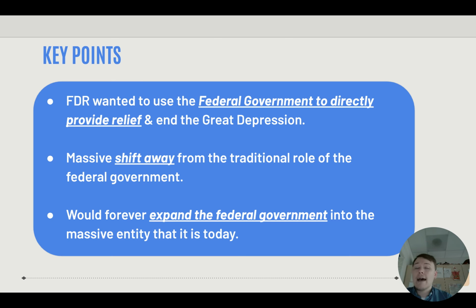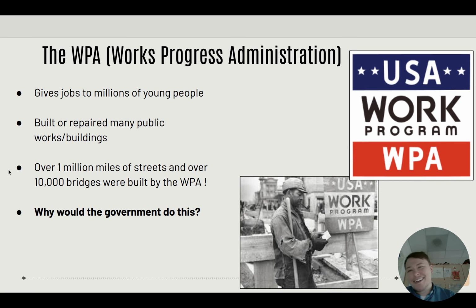The reason we have such a huge apparatus of federal government today can be traced directly to the Great Depression. So forever, the federal government will be expanded. Remember that. FDR expands the federal government, moves away from small government. It will never, ever, ever go back. Unless, of course, it does. But it has not gone back yet.